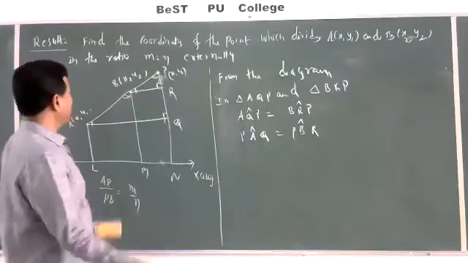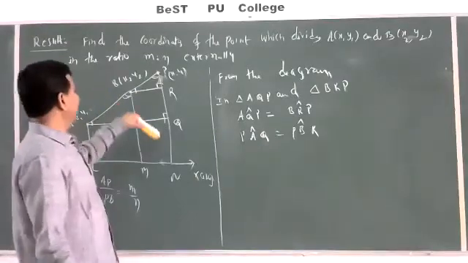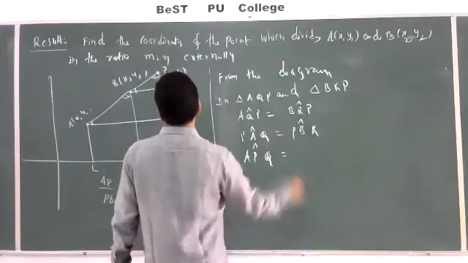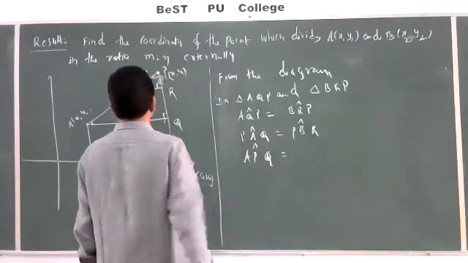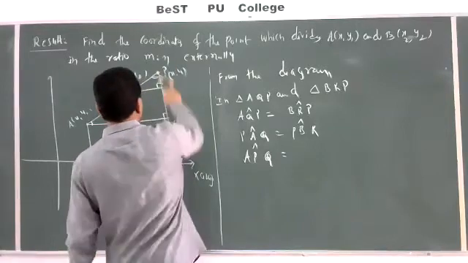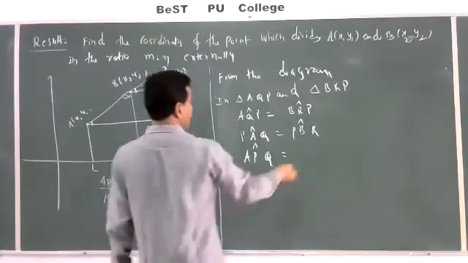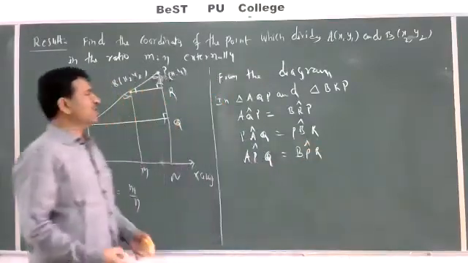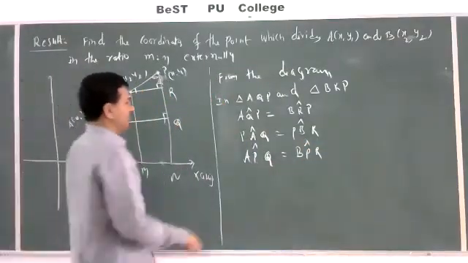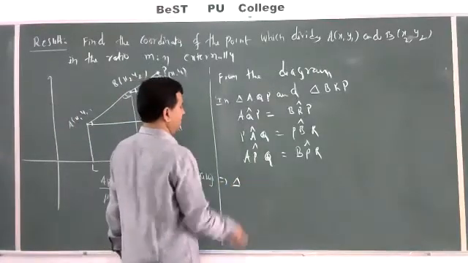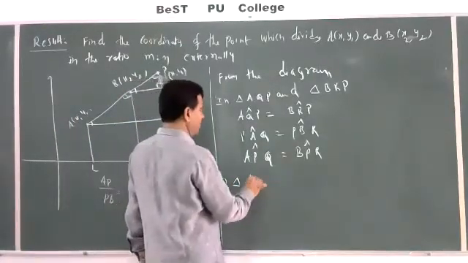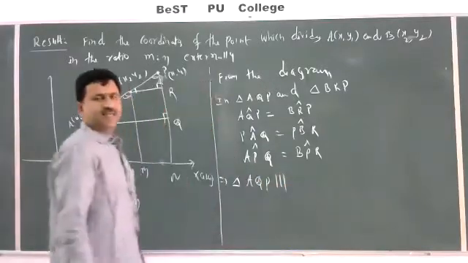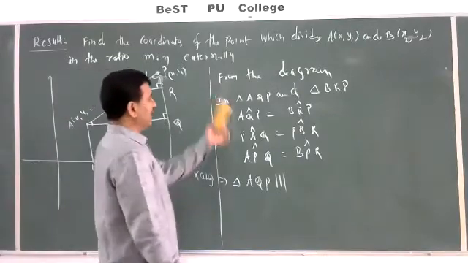Next, automatically the third angle, angle APQ is equal to angle BPR. So corresponding angles equal means we can say that triangle AQP is similar to triangle BRP.